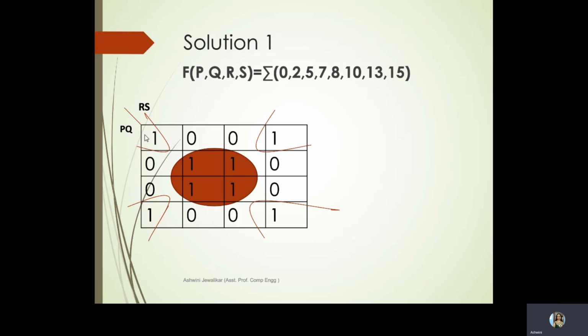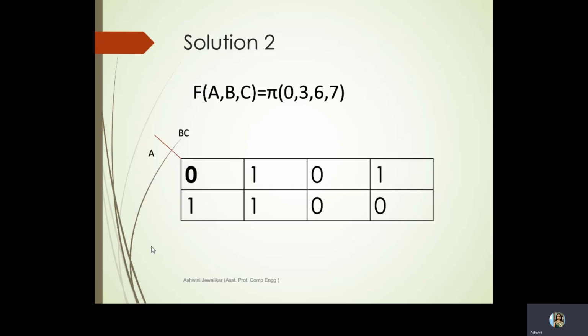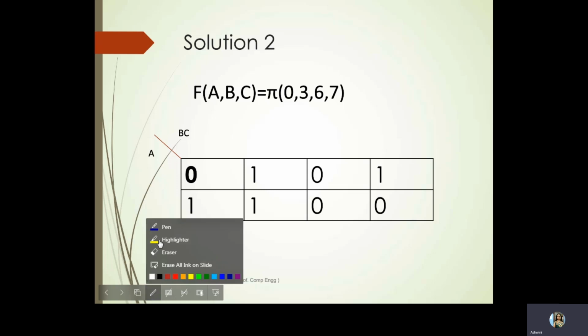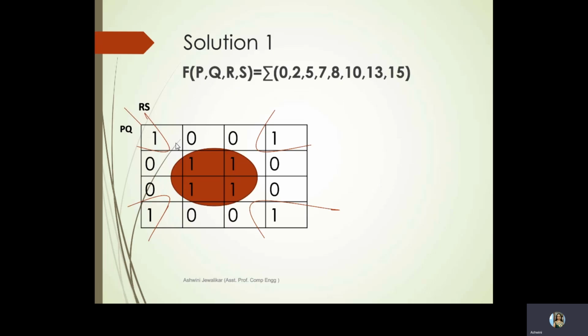We are going to write the minimized expression. As you can see, I have drawn a 4 by 4 cell grid, a 4 variable K-map, and as you know, the positions of the min terms are: this is position 0, then position 1, then position of the min term 2, and this is position of the min term 3.